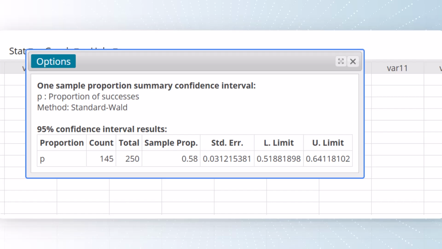And then the last question, use the confidence interval to determine if the majority will support this initiative. Majority, guys, means more than 50%. And as you notice, this interval only contains values that are bigger than 50%. So based on the interval, yes, it is likely that the majority will support this initiative.